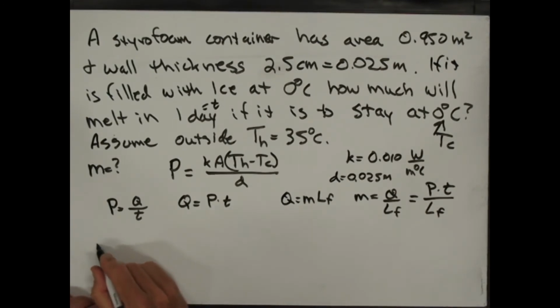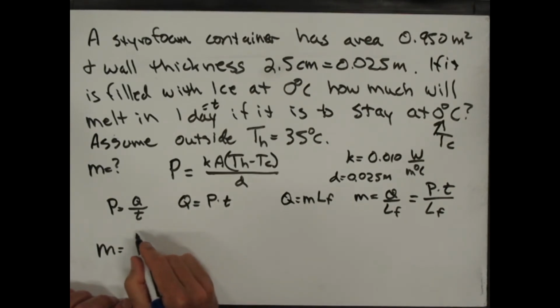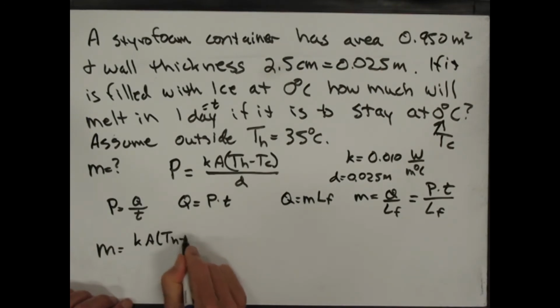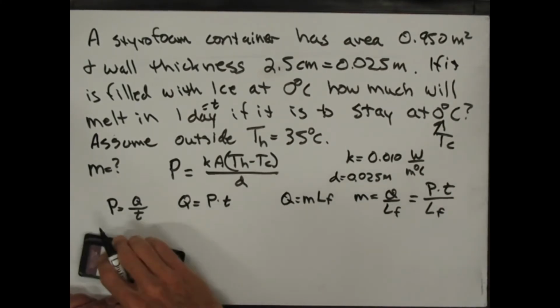And so that comes out to be M is equal to, so all of this, Ka T hot minus T cold. Let's just calculate that first, right? I'm just going to calculate P first.